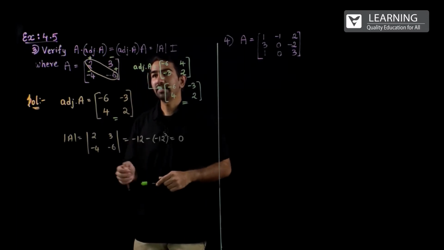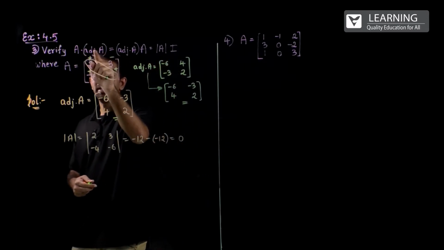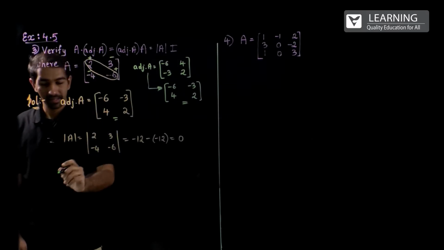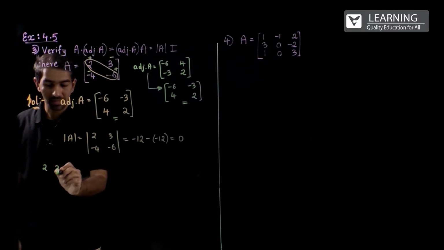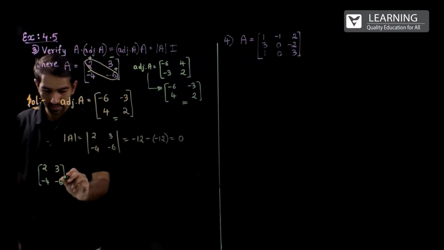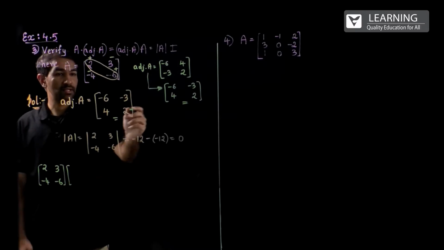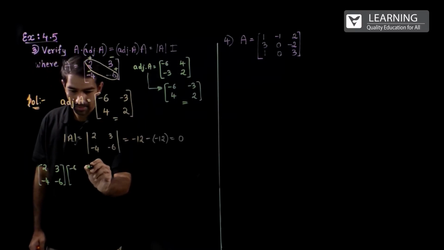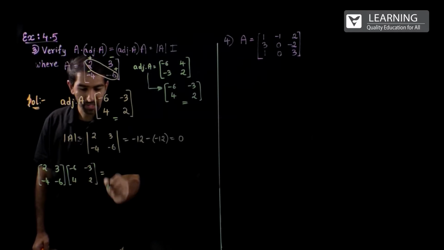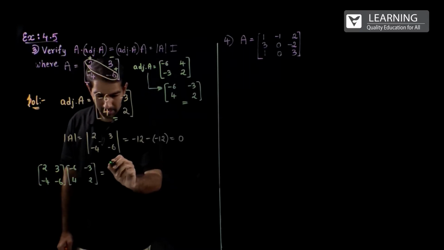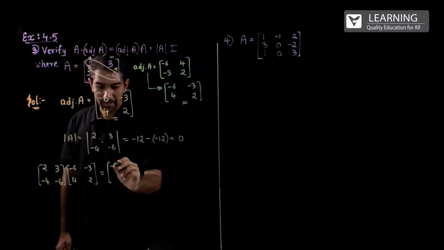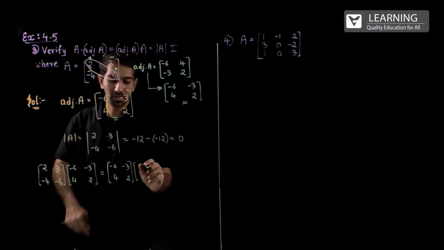Understand? So further, now we'll start with this operation A into adjoint of A. So what is our A? 2, 3, minus 4, minus 6, into adjoint of A. Adjoint of A is minus 6, minus 3, 4 and 2. So this is A into adjoint of A. This must be equal to adjoint of A into A. So again we'll write adjoint of A, minus 6, minus 3, 4 and 2, and A again written as the same thing, 2, 3, minus 4, minus 6.